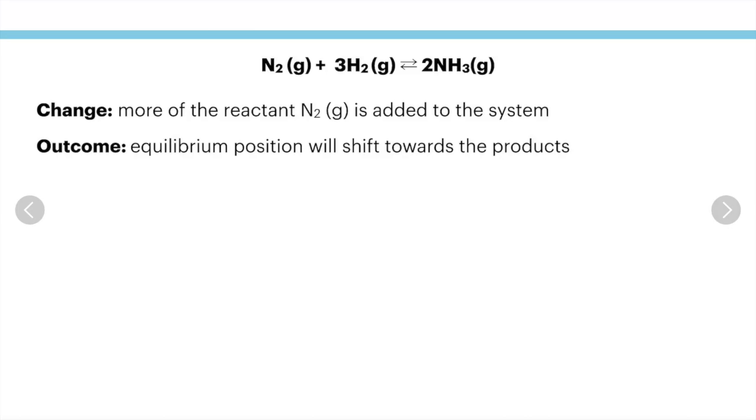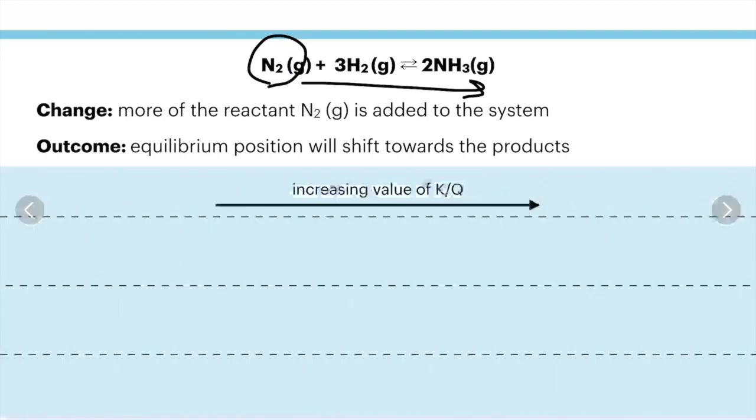So looking at changes in concentration, let's go back to this example. We figured out that the expected outcome based on the change would be a shift towards the products because we're increasing the nitrogen gas, so it would shift this way. But let's look how this can be justified using Q and K. So to do this, we're going to use this diagram here.